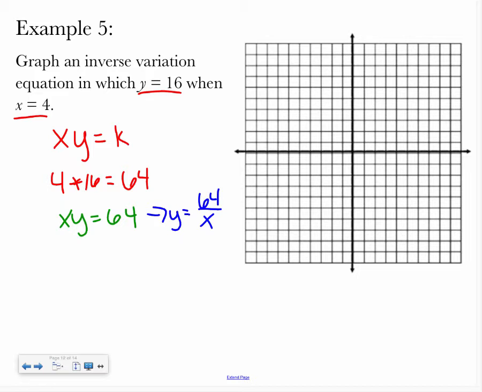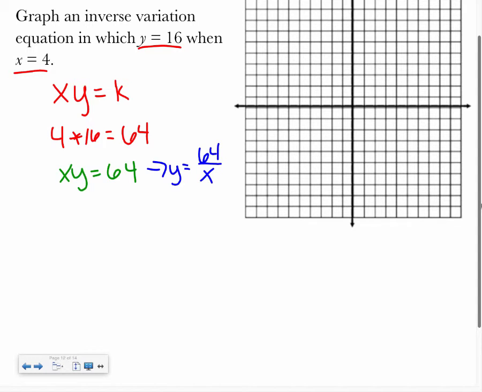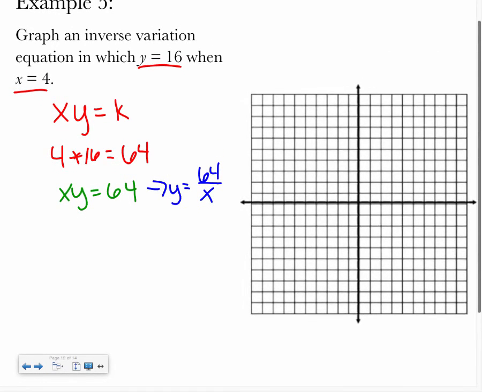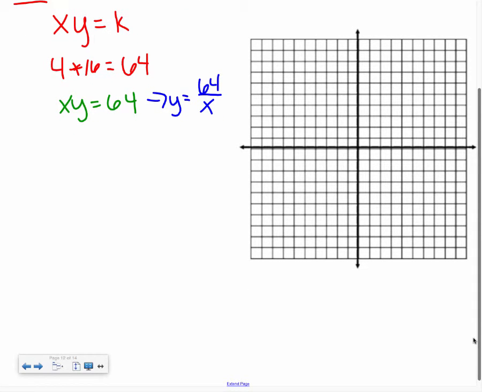So now we can make our xy table. Actually, let's pull this down. All right, I'm going to make an xy table. What are some good numbers to divide 64 by, if I want to do both some negatives and positives?